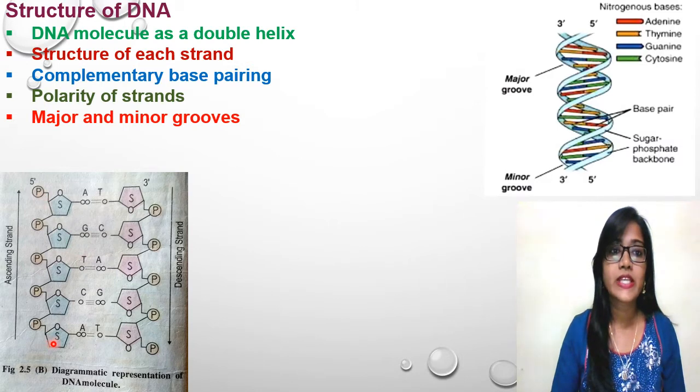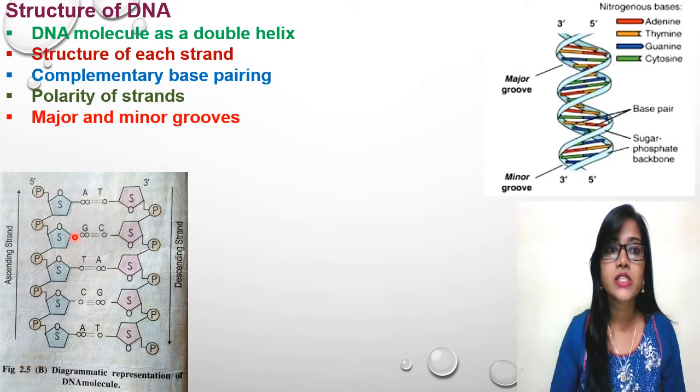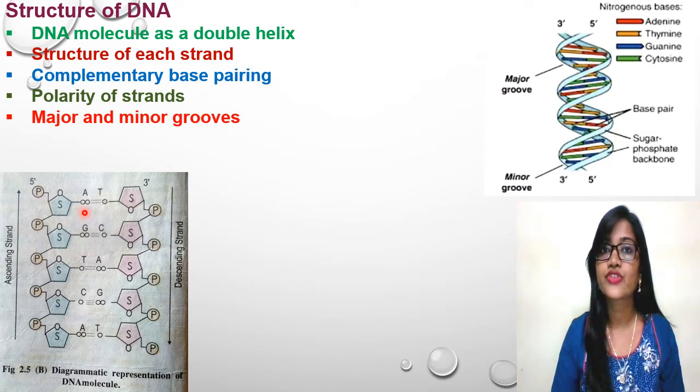Now try to understand this part. We have studied this in the earlier slide, if you remember. This is the sugar, this is the phosphate group, and this is a nitrogen base. Now observe the first part. The phosphate group is denoted by the 5 prime or 5 dash end, while the sugar is denoted by the 3 prime or 3 dash end.